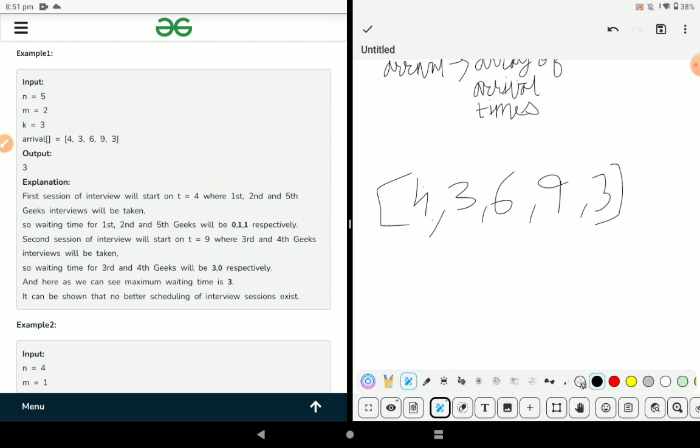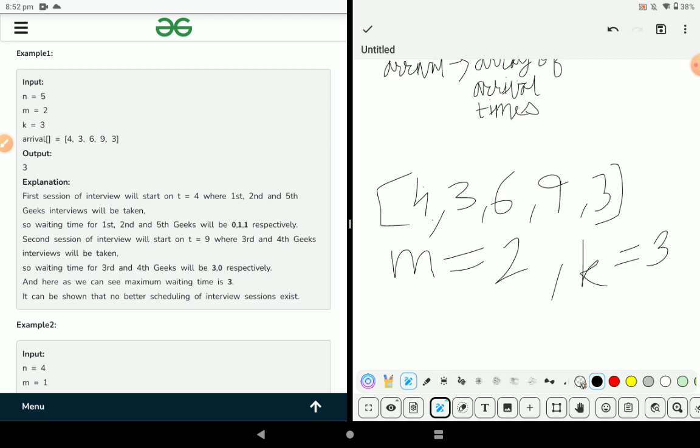We can conduct at least 2 interviews, and in each interview 3 geeks can be accommodated, meaning at most 3 people can come to the interview. We have an array of length 5, so in one interview 3 people can go, and in the other interview only 2 people can go.